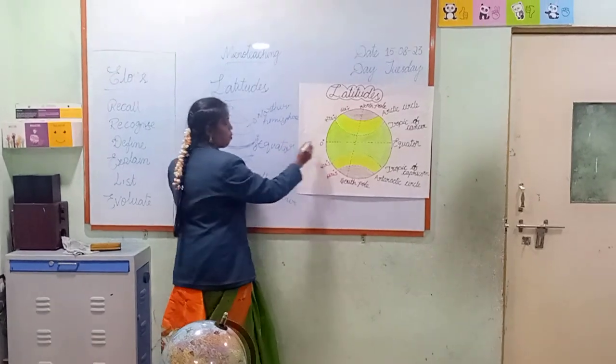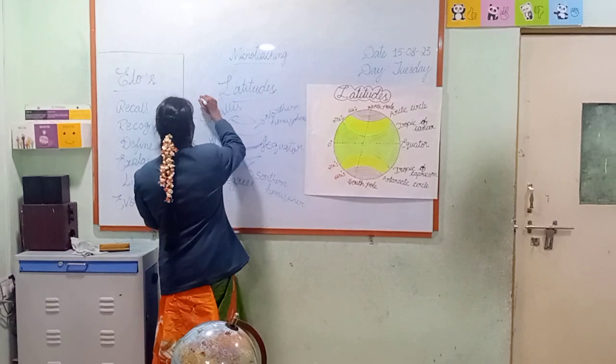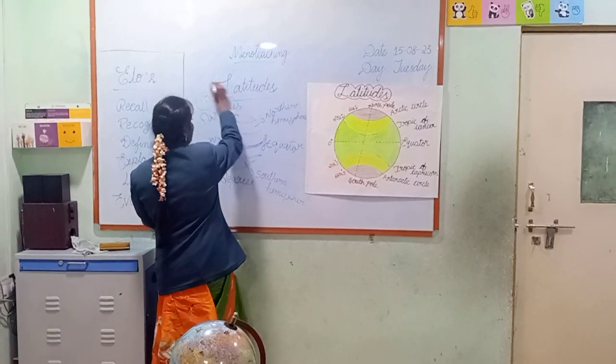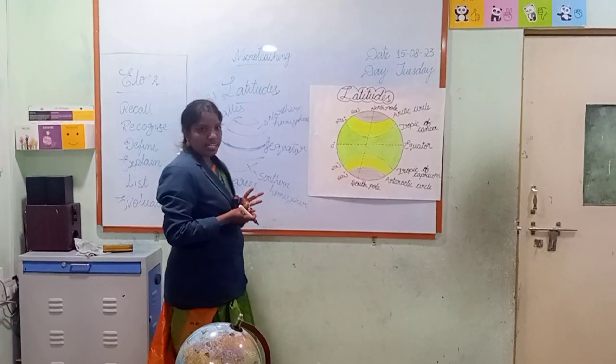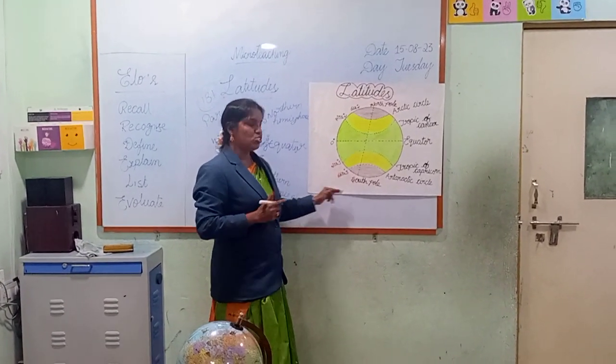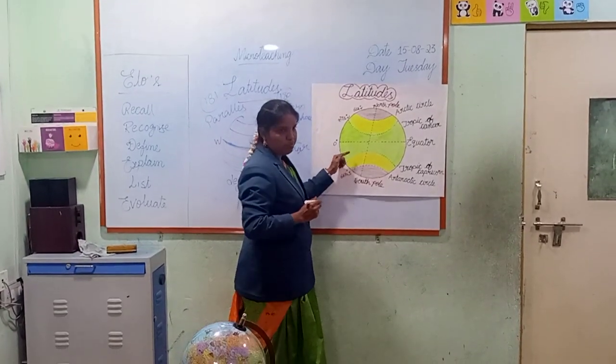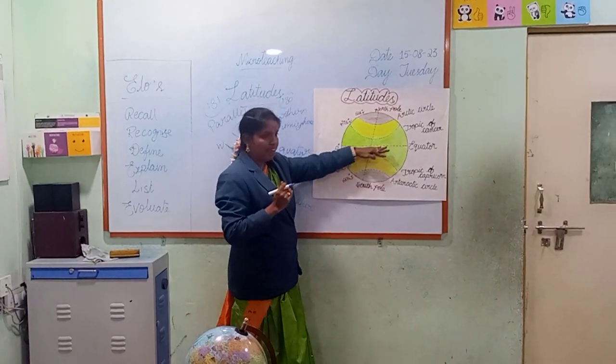Along with the equator, the total number of latitudes is 181. In the northern hemisphere 90, in the southern hemisphere 90, so totally 180 plus the equator.